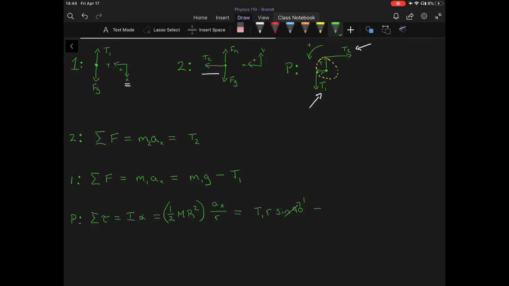Then we have tension 2 acting in the negative direction, so we'll subtract that off. Its radius is also R, and it is also acting at 90 degrees, which goes to 1.